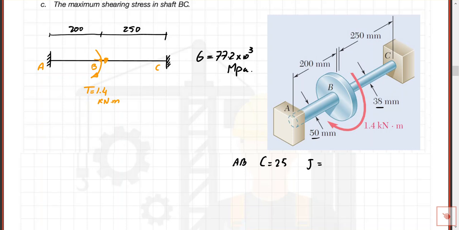The answer is 613,281 mm to the power 4. And for part BC, the radius is equal to 19 and J will be equal to 204,603 mm to the power 4.